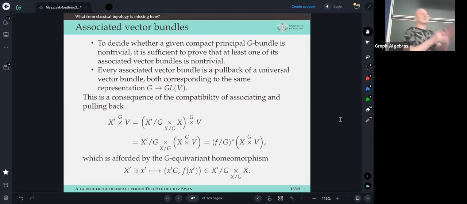And after some associativity of parentheses in this formula, we get that this construction is the same as the pullback afforded by the induced map of bases induced from this original equivariant map. Okay.